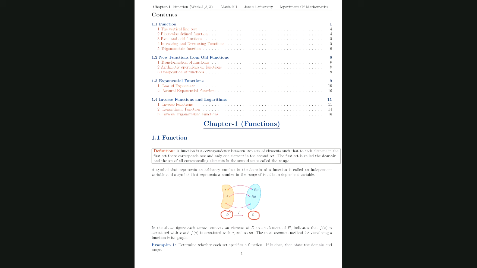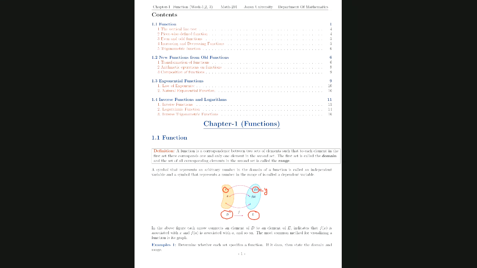If input x, then output f(x), which is this y.